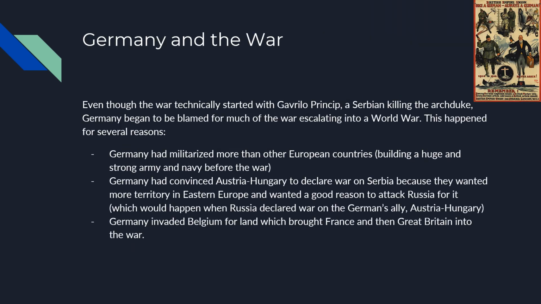Now, even though the assassination of Archduke Franz Ferdinand was the death of an Austro-Hungarian leader, noble, aristocrat, the future leader of the Austro-Hungarian Empire, even though the war technically started with that particular situation, Germany ends up getting blamed for much of the war escalating into a full-blown world war.